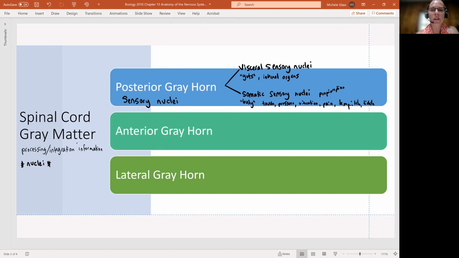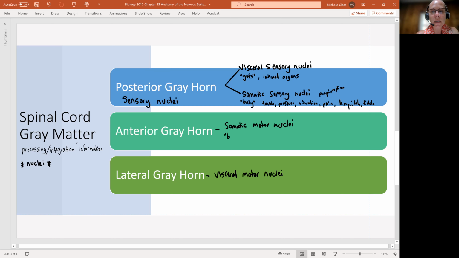So let's just go ahead and say that the anterior gray horn is going to contain the somatic motor nuclei, whereas the lateral gray horn will contain the visceral motor nuclei. And so remember, in the case of the anterior gray horn, this is somatic motor nuclei specifically. And we just reminded ourselves that somatic means body. So this is the control of the skeletal muscle.